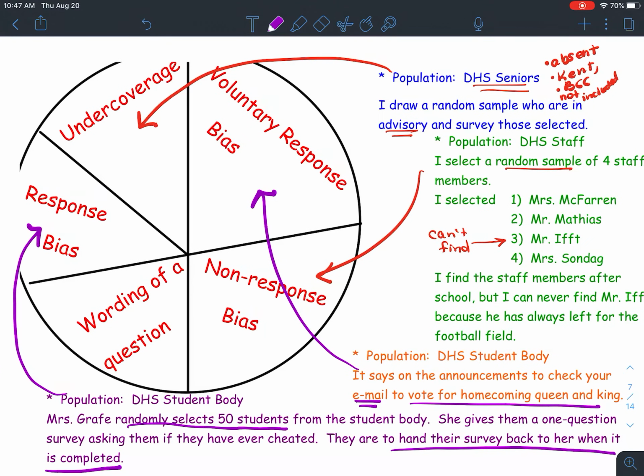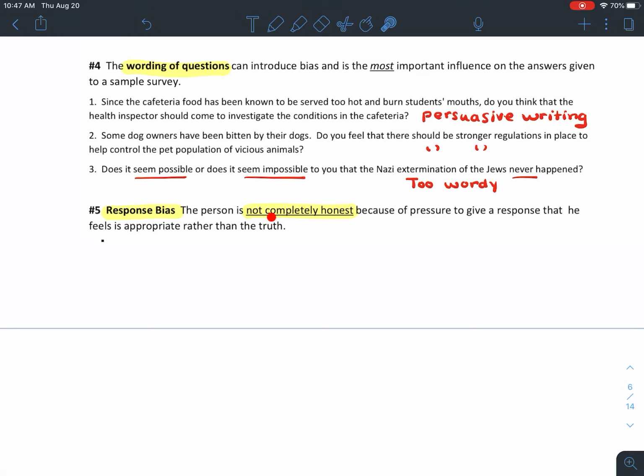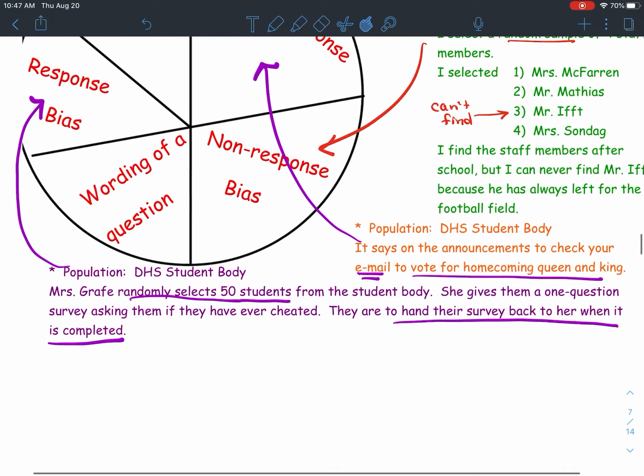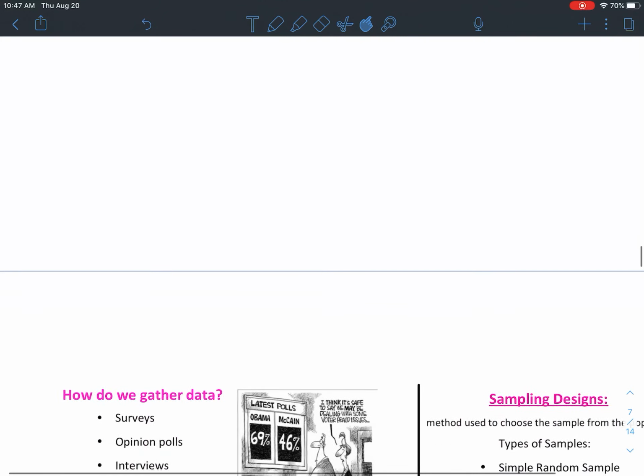This is a prime example of response bias. Remember what response bias is: that is when they're maybe not completely honest because there's some pressure involved. It could be really intimidating to say that you have cheated before, and then you're handing your answer back to the principal who could glance down and see what your response is.